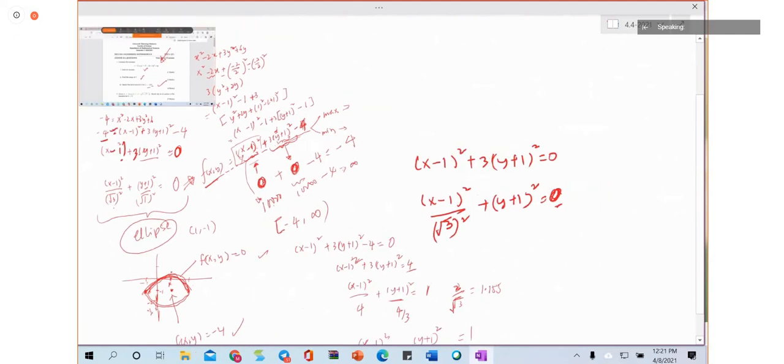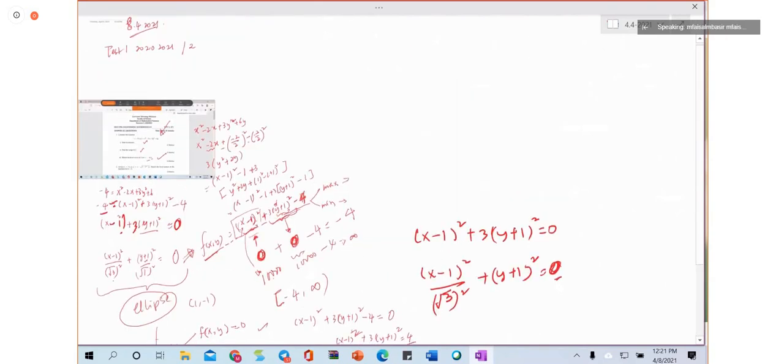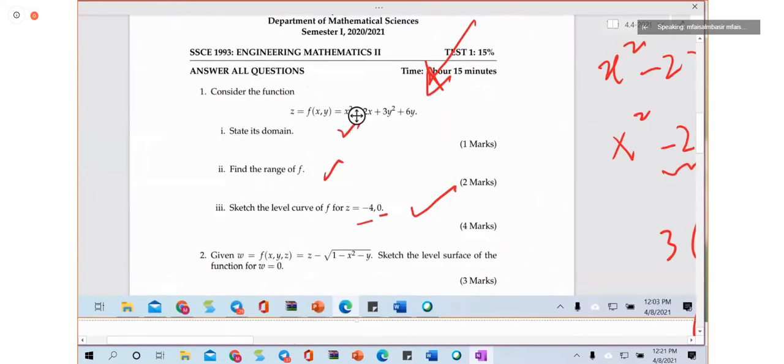Okay. So next, number 2, sketch the level surface.